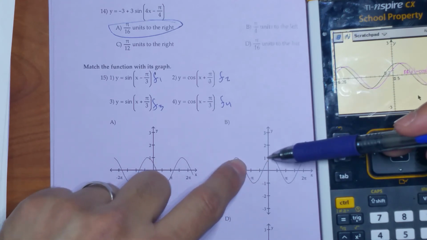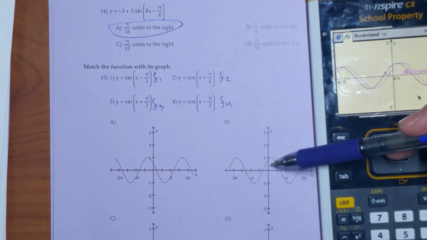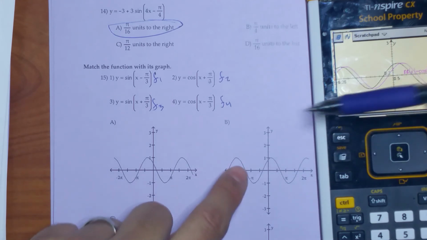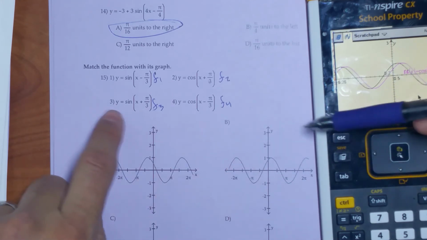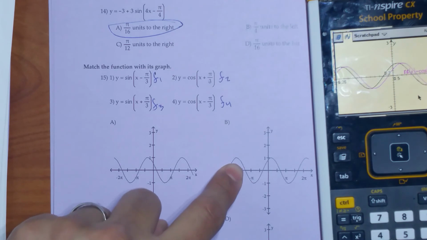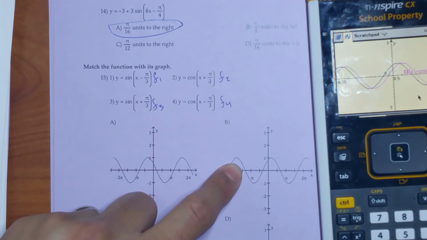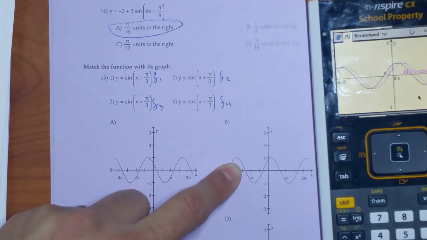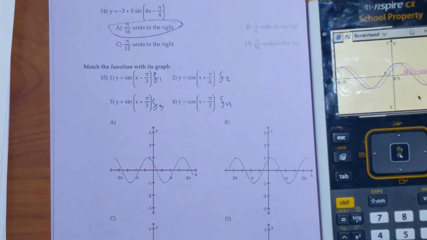This one is almost at 1, and this one's about at a half. So for 3 it has to be letter B, and therefore my last one, 4, is D.